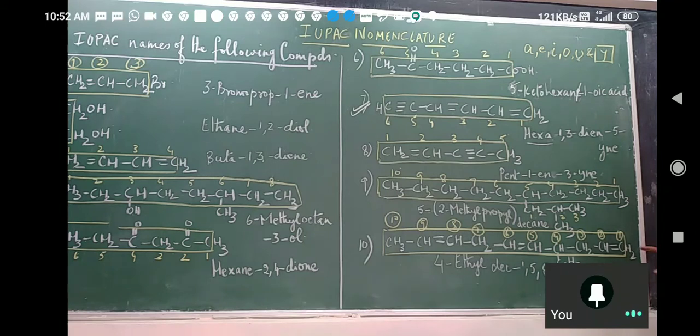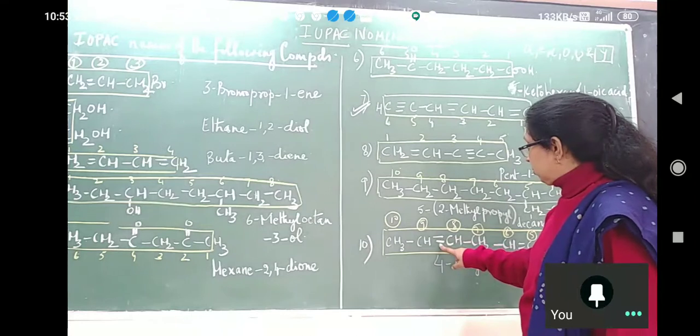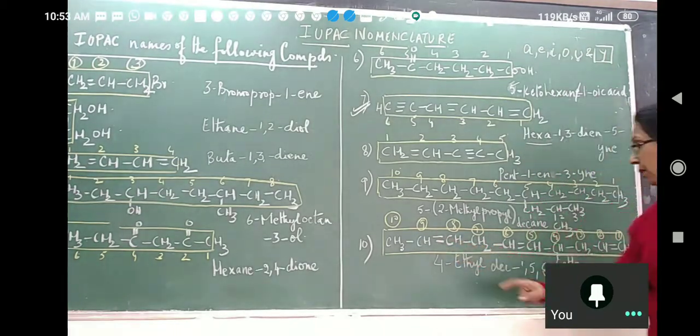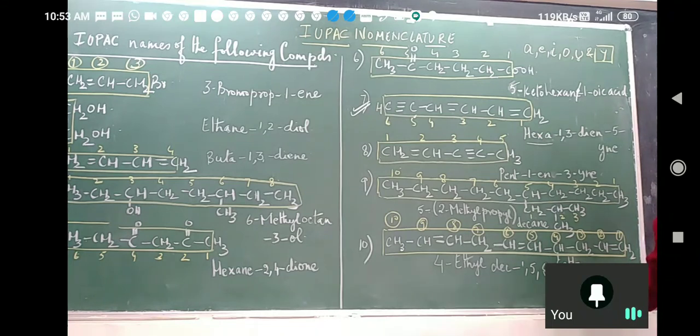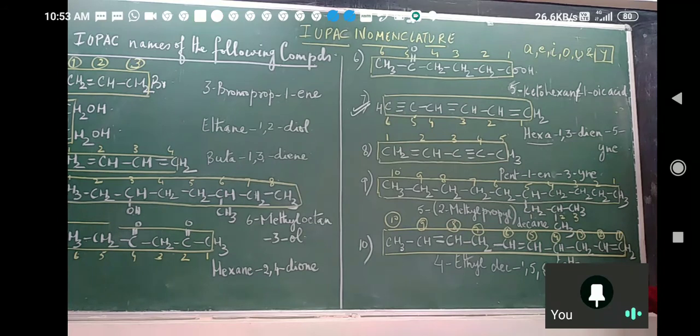But I have got a double bond, a double bond, a double bond. 3 double bonds means it is triene. The ending word will be triene. The root word will be decane. It will become dec because the ending word is dectriene. Now, our problem is, let us check whether the longest chain is correct or not.